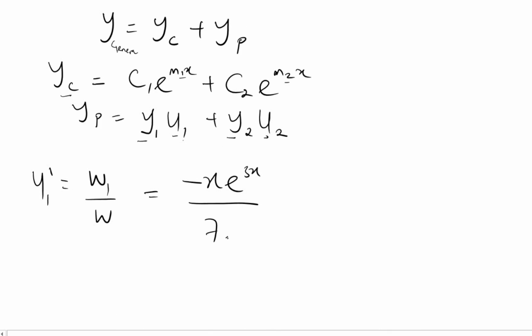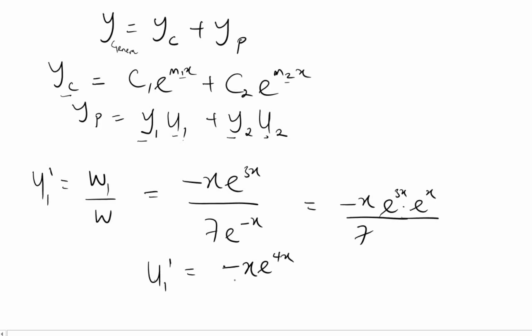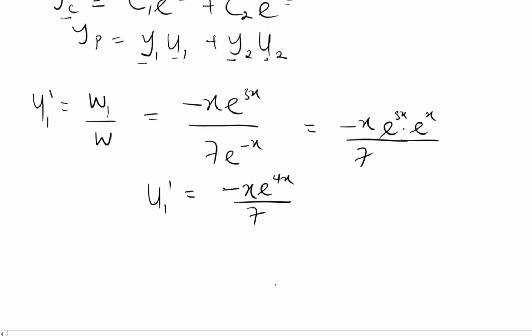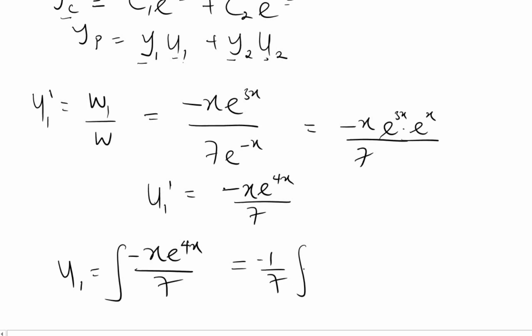That's over 7 exponential of minus x, which means I have minus x over 7 exponential 3x multiplied by exponential x, which means I have u1 prime is equal to negative x exponential 4x over 7. So to determine u1, I'm going to integrate this, which will simply be minus 1 over 7 into integral of x exponential 4x.